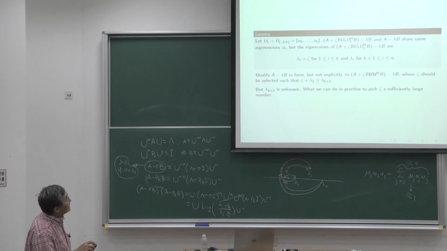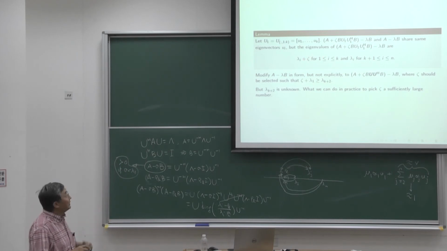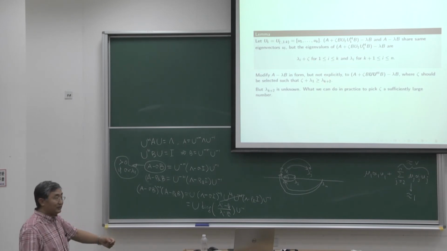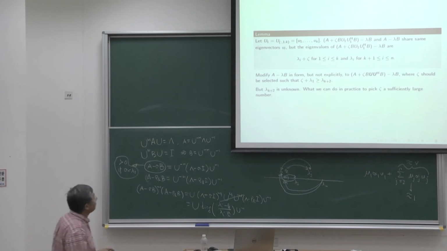And then the rest of the eigenvalues don't change. The idea here would be that if you know the first k, you pick a shift zeta big enough so that lambda 1 up to lambda k plus zeta is bigger than the next eigenvalue you're interested in. So when you do that, you're still going to compute the smallest eigenvalue of that pencil, okay? And make things easy, okay?